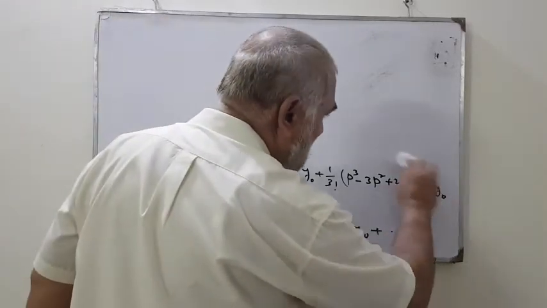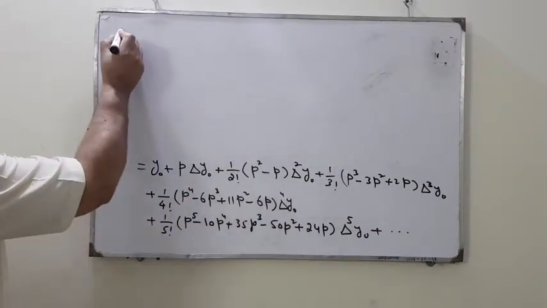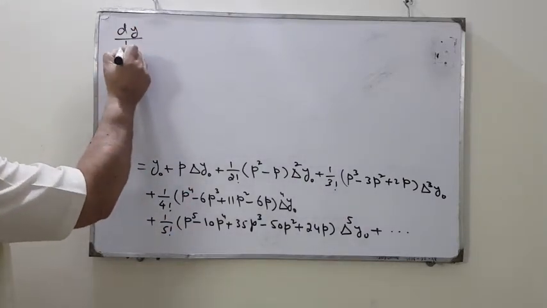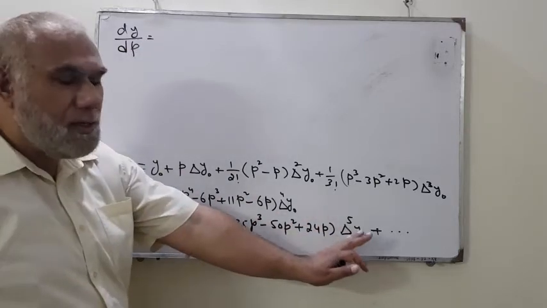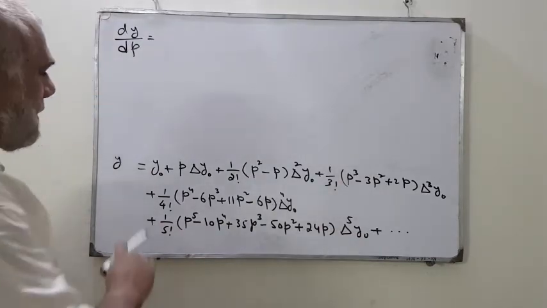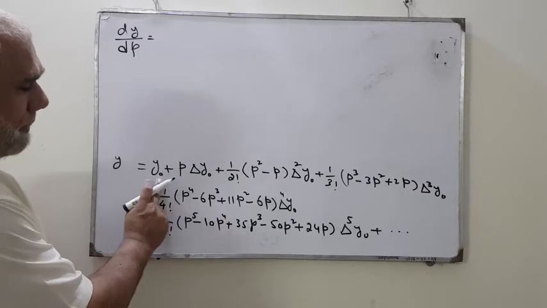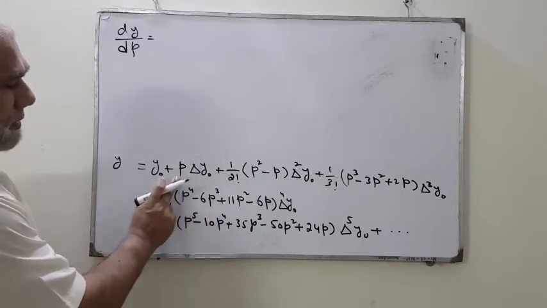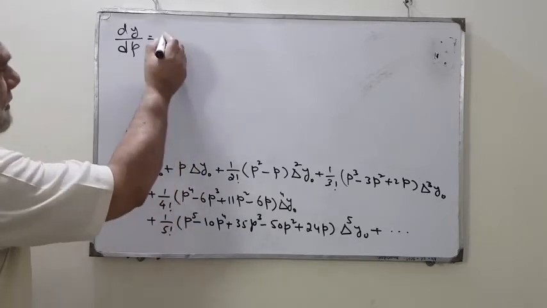So we have to find dy over dp, meaning you have to differentiate the whole polynomial with respect to p. On differentiating, because the first term doesn't contain any p, it gives you 0. From the second term, there is 1p, and differentiating with respect to p gives you delta y0.